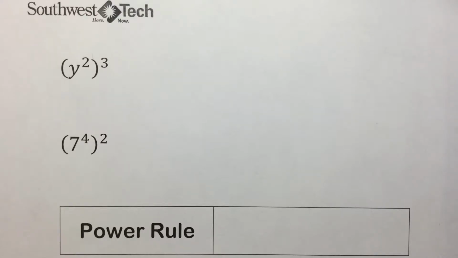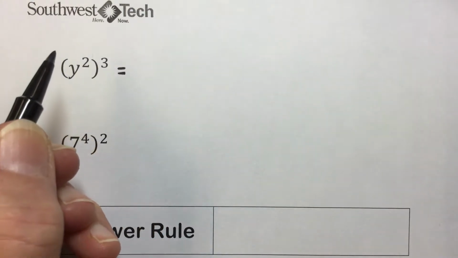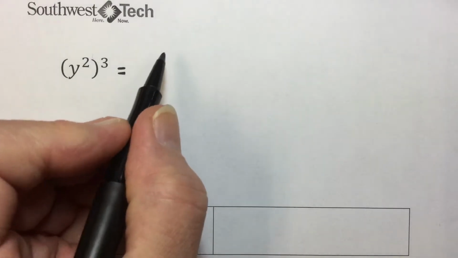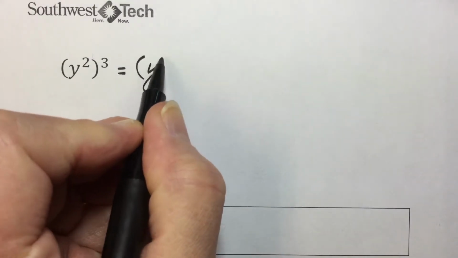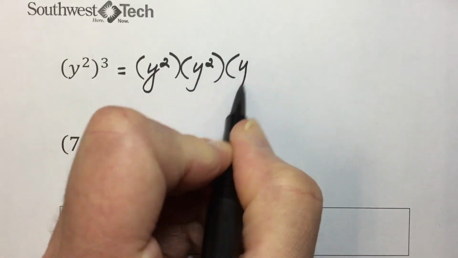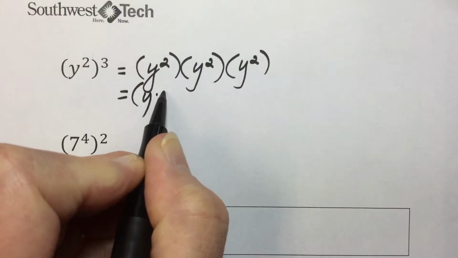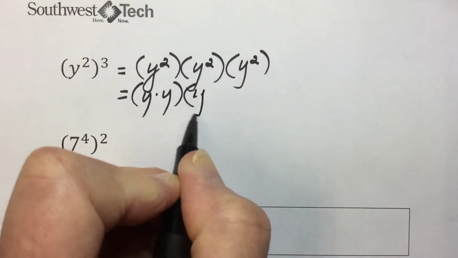Consider the expression y squared raised to the power 3. This, in factored form, results in y to the second times y to the second times y to the second. Each of those breaks down into the factored form of y times y.